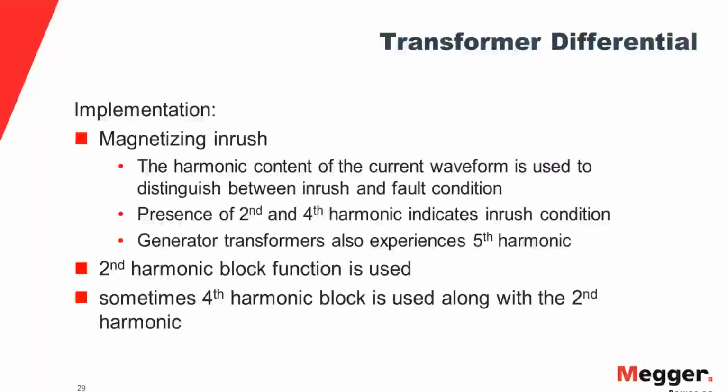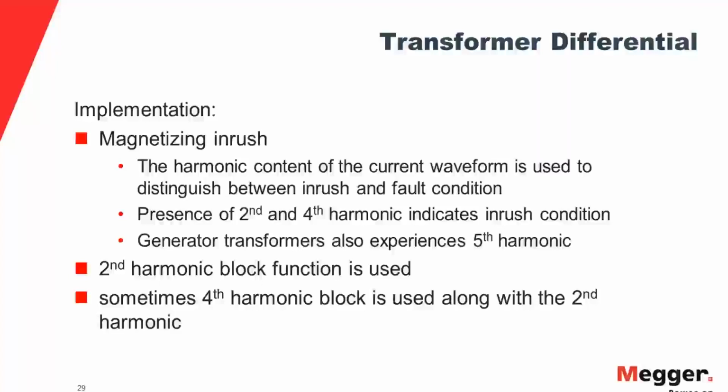If you have separate filters, for an electromechanical relay I'm talking about, the filter circuit can be tuned to 120 hertz on a 60 hertz system or 100 hertz on a 50 hertz system. So you can tune the filter to that particular value and measure the amplitude of current at 100 hertz. That will be your second harmonic amplitude. You could have second and fourth harmonic depending upon the design of the system, but let's focus only on the second harmonic for now.